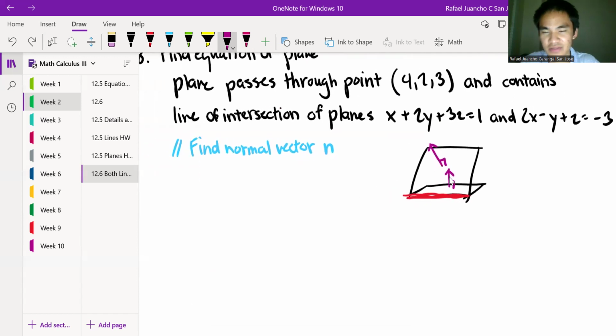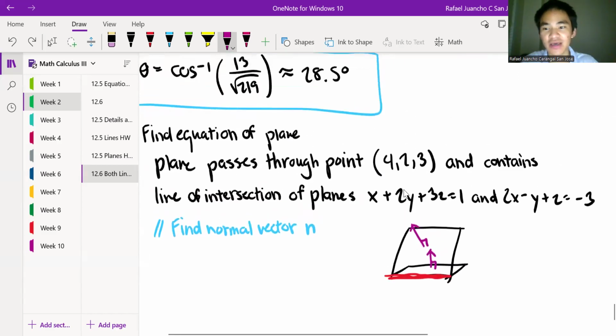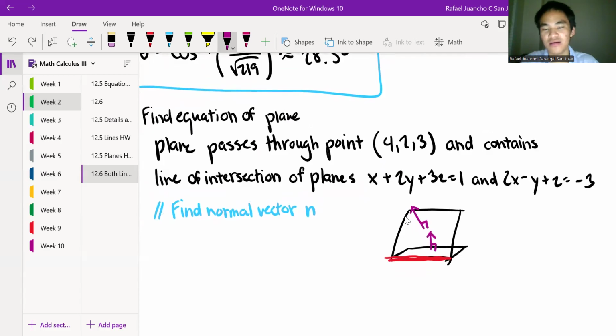We have two normal vectors. This is really tricky. I actually can't tell, to be honest. Oh, I can watch the video. I give up. How do we do these types of problems?